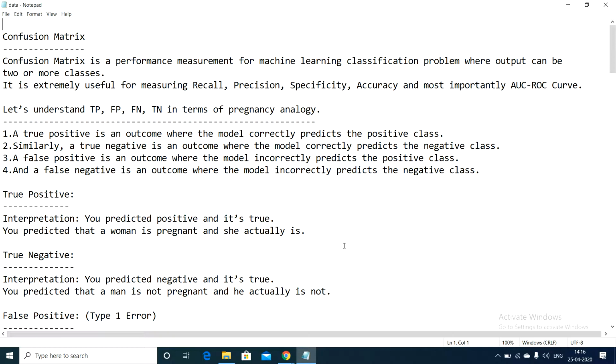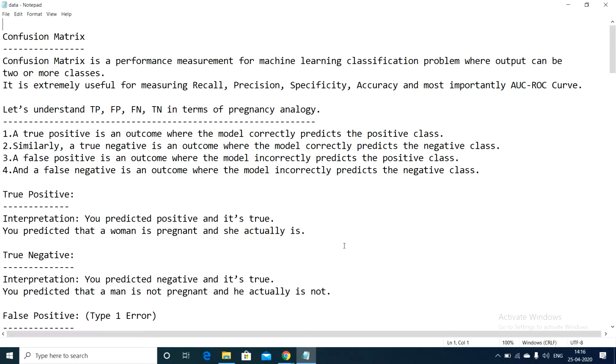So this confusion matrix can be applied on two or more classes. This is a brief introduction about the confusion matrix. It is extremely useful for measuring recall, precision, specificity, sensitivity, accuracy, and most importantly, AUC and ROC curve.